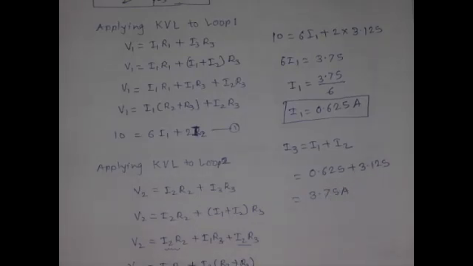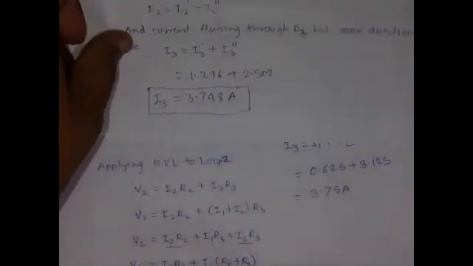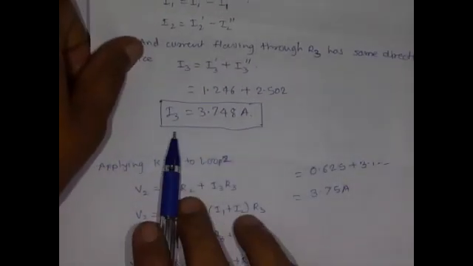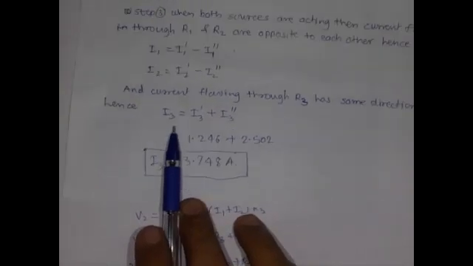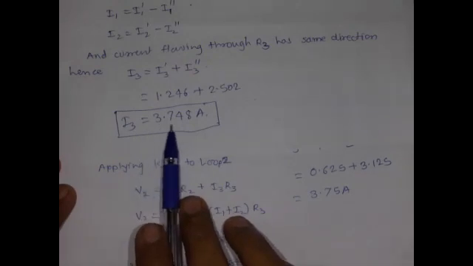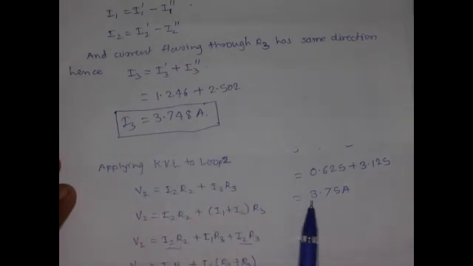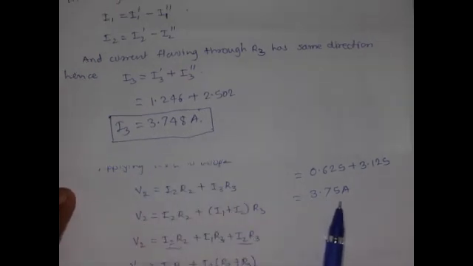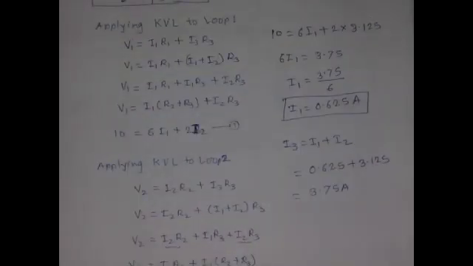Now in the last step, we see the similar value by using the superposition theorem, that is I3 equals 3.748, and here we get 3.75 ampere. So by using both methods, we have solved this example.